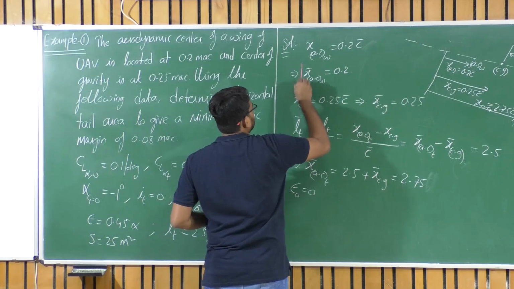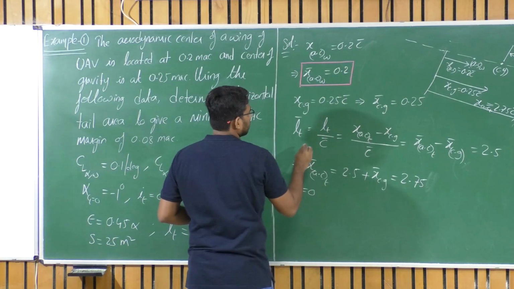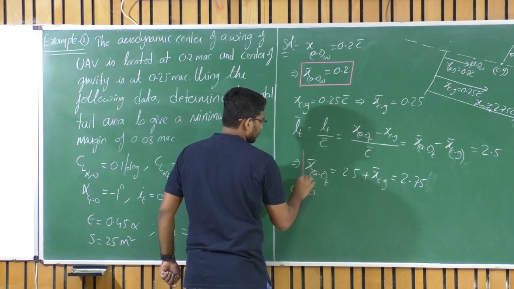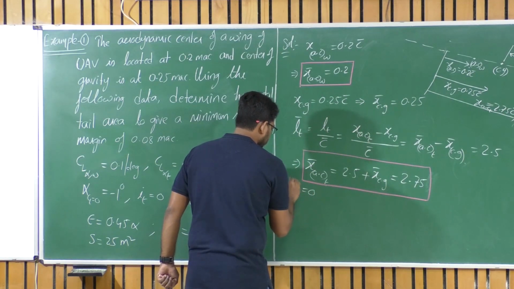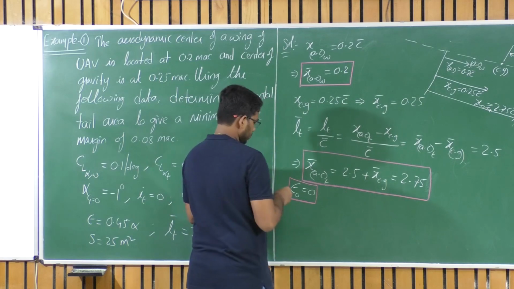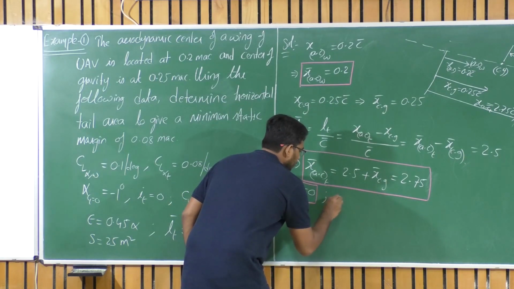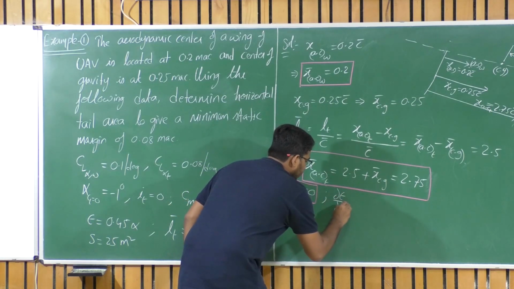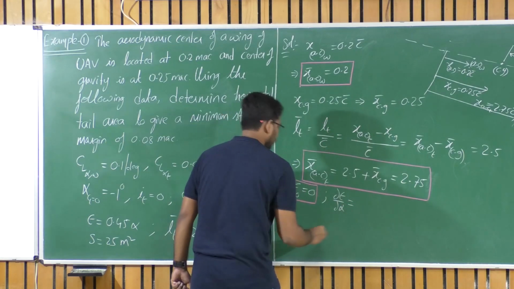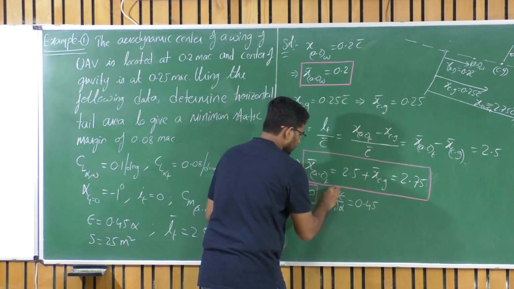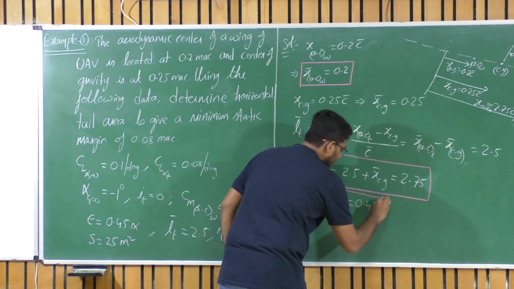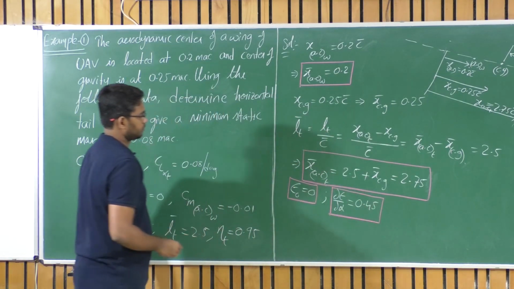So we have this particular factor and we also have epsilon naught, right, and dou epsilon by dou alpha is equal to 0.45. This is another parameter, the variation of downwash with angle of attack at the wing.